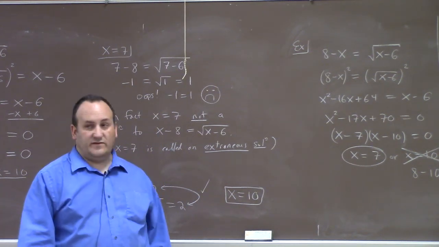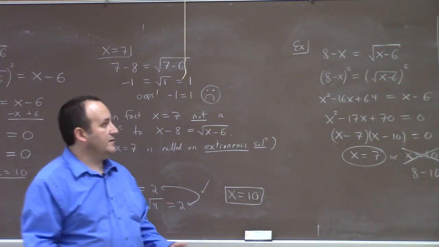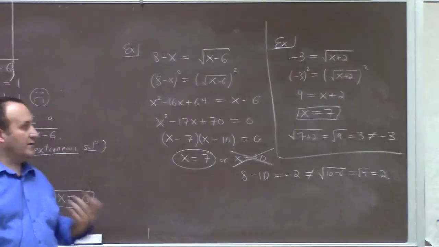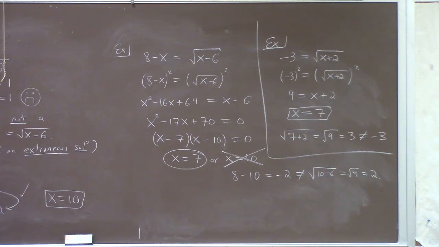That's a good question. So here's the question, guys. If I have minus 3 equals the square root of x plus 2, is there a solution? Does x equal negative 11? Minus 11 doesn't work. The square root of minus 9 is 3i. So there's no solution.